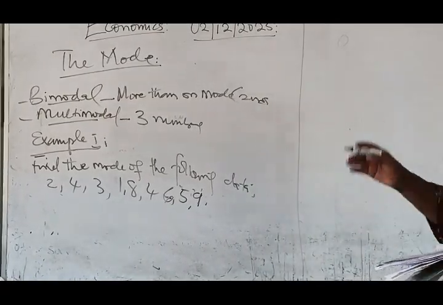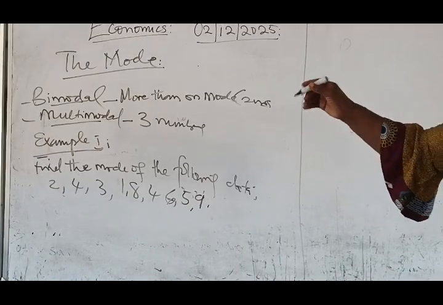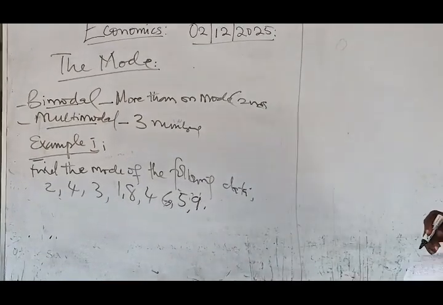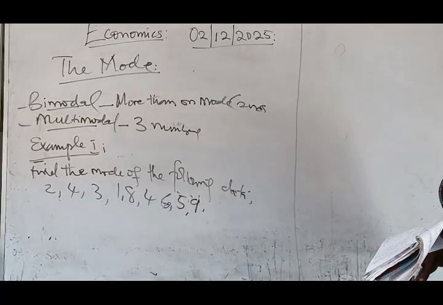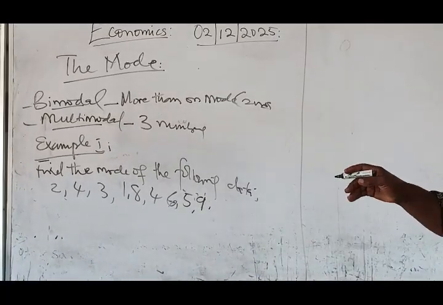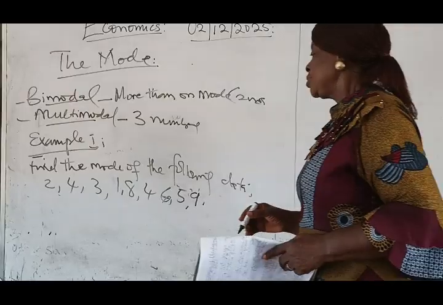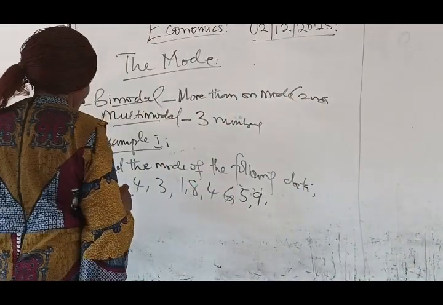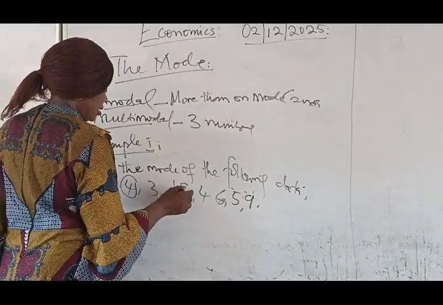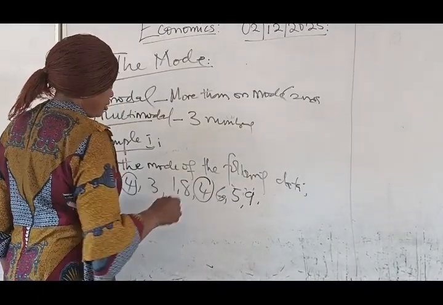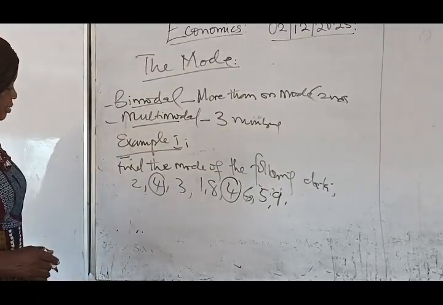The number that appears more than every other number there. So through an observation, we can see that our mode is 4. In this set of distribution, you discover that it is only 4 that appears 2 times.